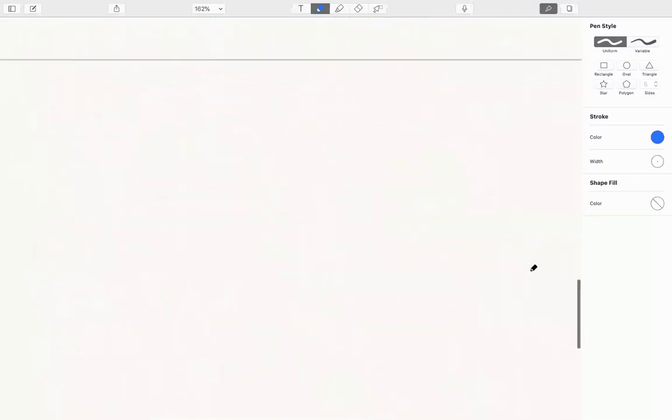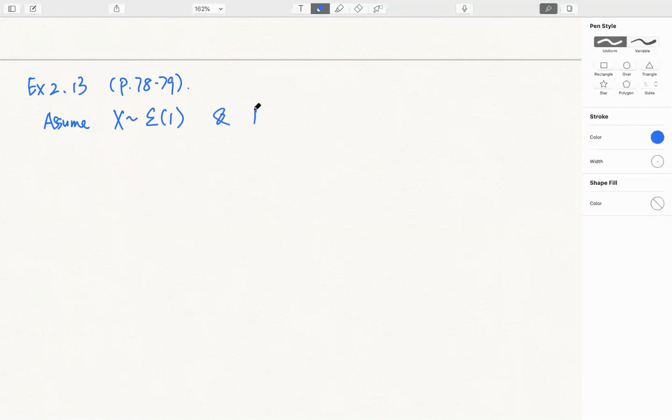From the textbook, we have Example 2.13 that is on pages 78 to 79. So basically, this question has many sub-questions. Let's first assume X follows an exponential with parameter lambda equals 1, and the claim frequency is a Poisson. I ask you, what would be the distribution of N_D?